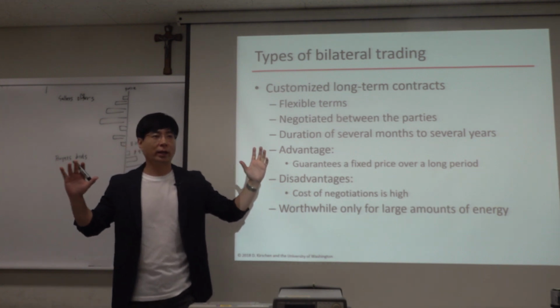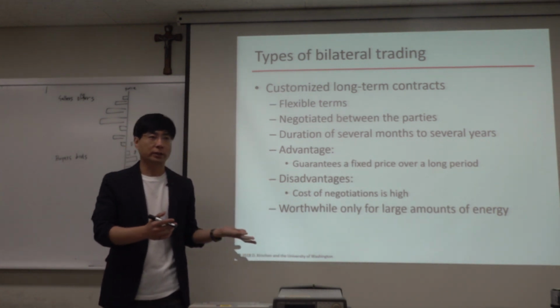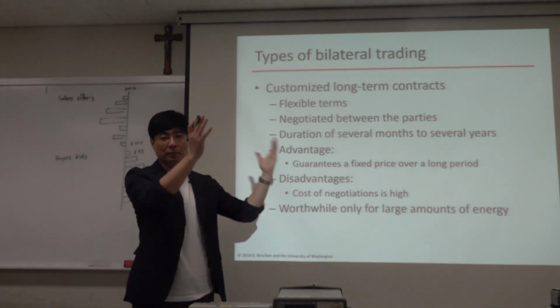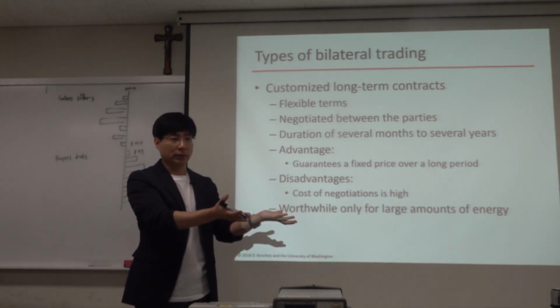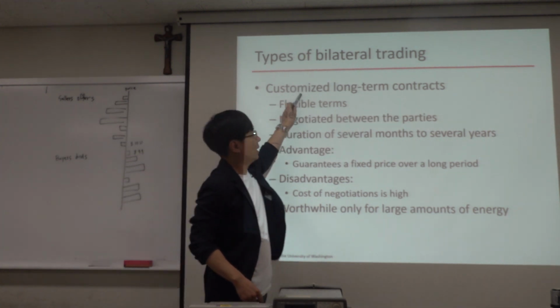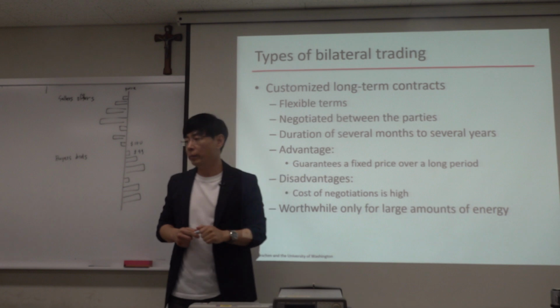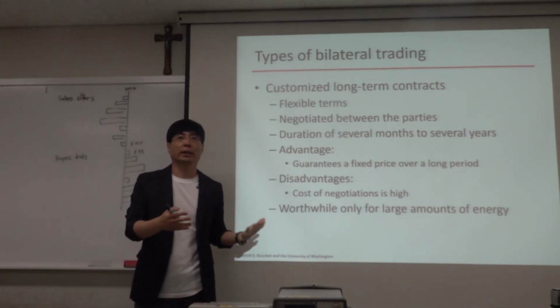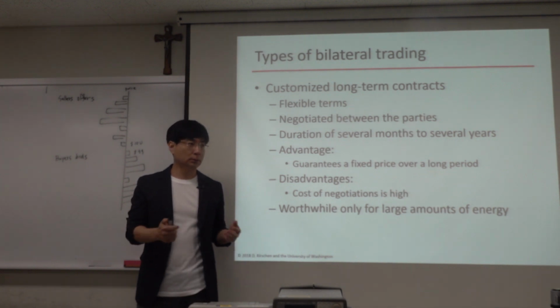They want to trade a very large amount of electricity in advance using a forward contract, like Samsung Electronics. So customized and long-term contract. Long-term means this contract needs to be made in advance, like a few months in advance.